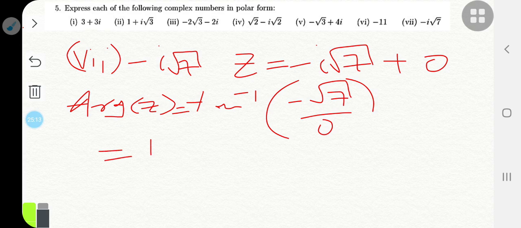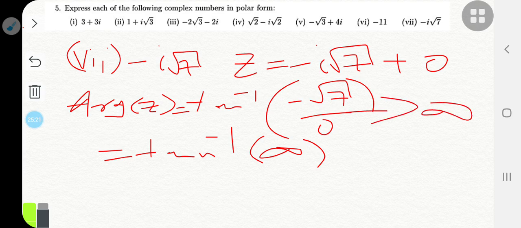So I was saying that it will give you something undefined. When it gives you something undefined, I'll just say my tan inverse will be equal to infinity. And when it goes to infinity, you're going to say, what is the tan inverse of infinity?